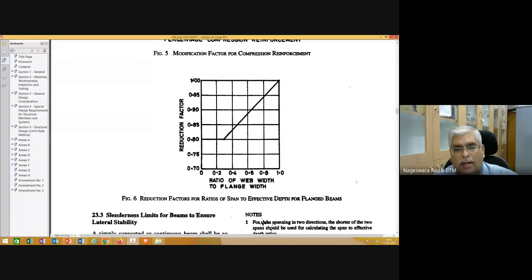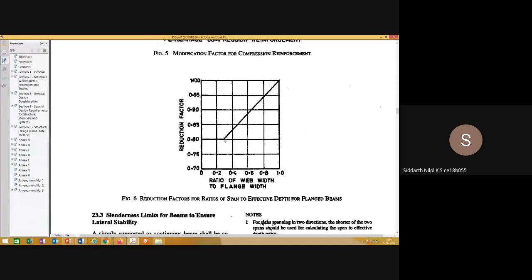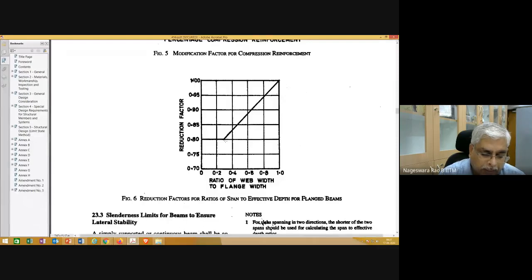It is coming as 0.208 something. And please note that the curve goes like this and then it is overlaid. Okay, here it is flattening. You take it as 0.8. 0.8 is the reduction factor. And the compression reinforcement modification factor, what is that?